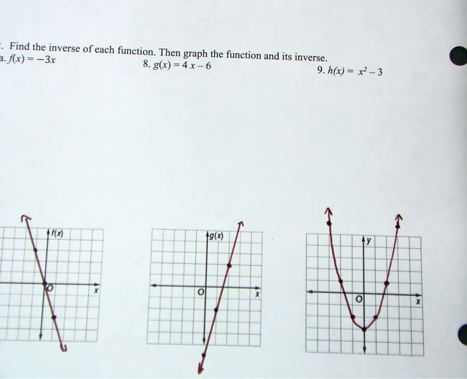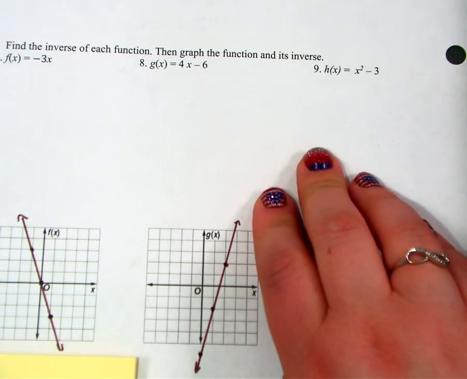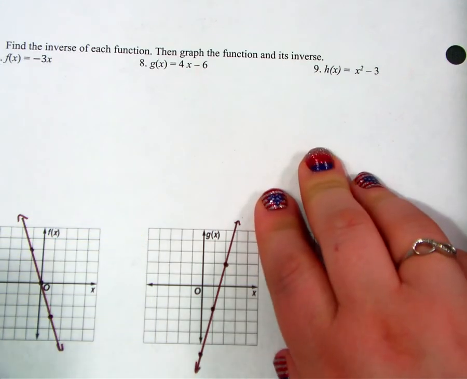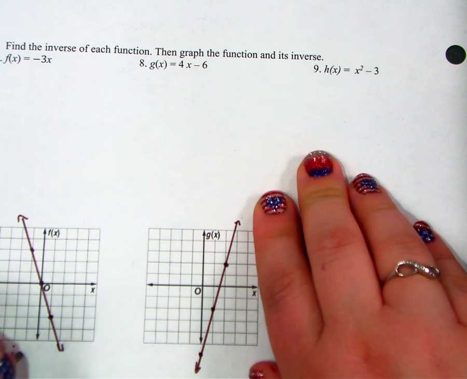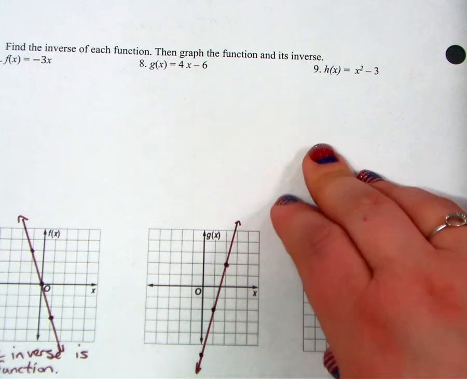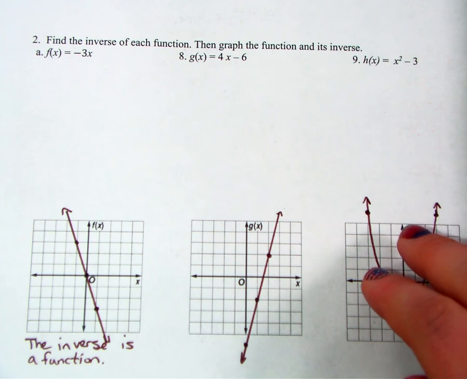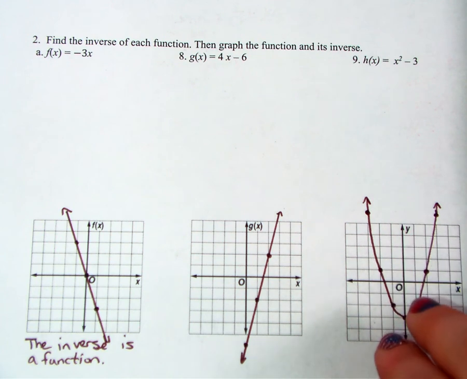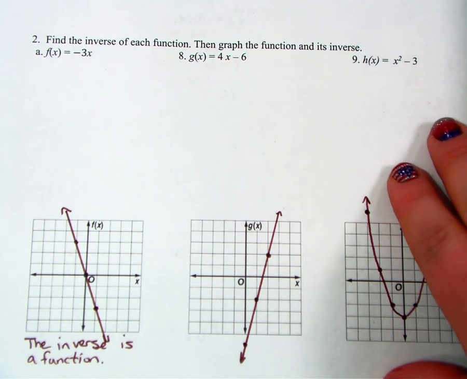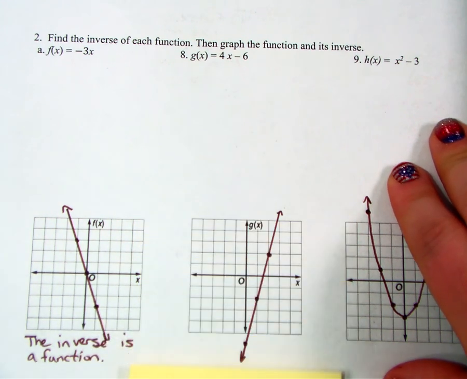So the horizontal line test then tests whether or not the inverse of each of these graphs is a function. So the first one, it passes the horizontal line test. It only touches one place. So the inverse is a function. Take a look at the next one, horizontal line test.